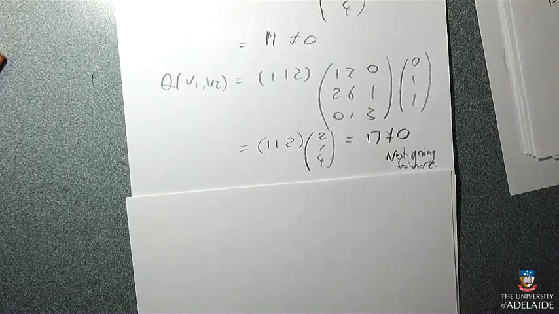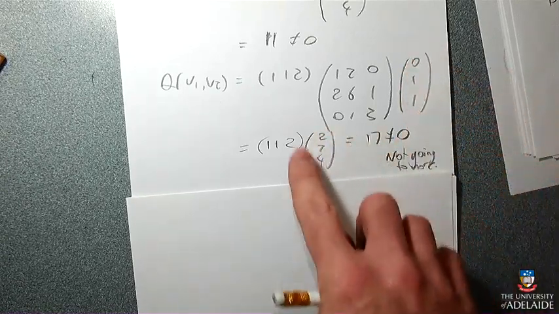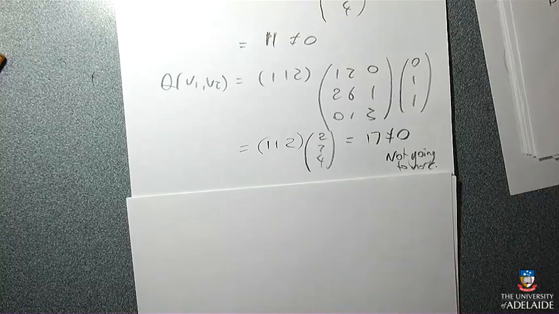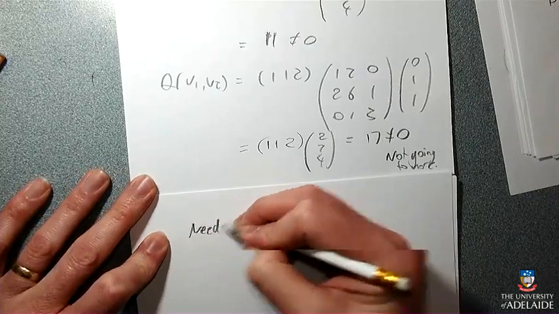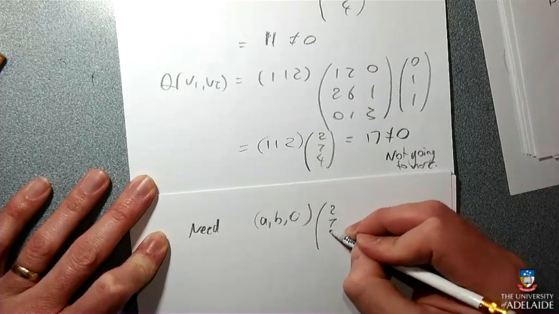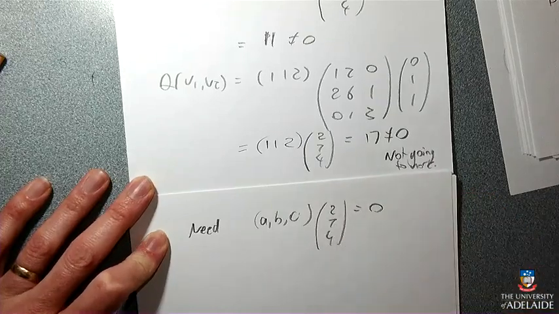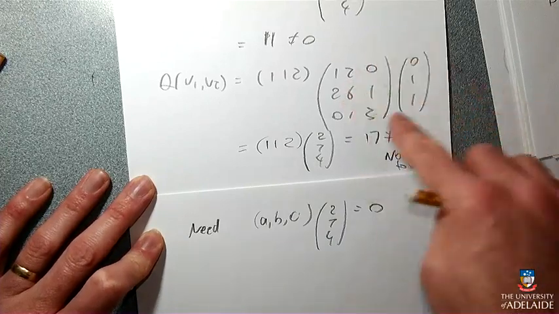Well, if I just kept the 0, 1, 1, I would need this to come out to 0. So I basically need an A, B, C such that 2, 7, 4 is 0, because this is what I get when I put the Q in there.